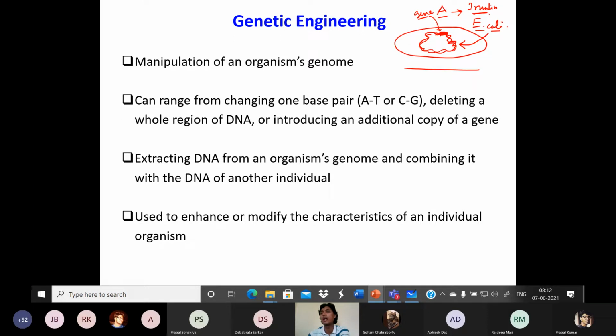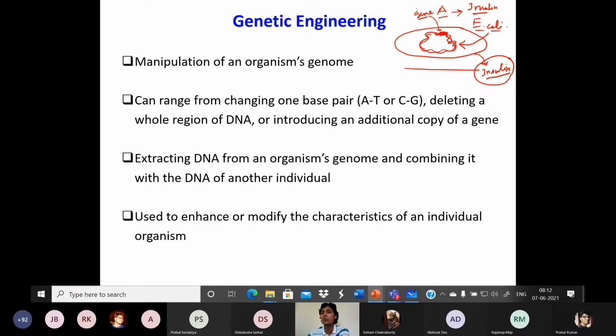Insulin is a protein hormone that helps in glucose metabolism. So when you make this E. coli cell and make your protein, you will get insulin. There are a lot of techniques available in the lab so that you can isolate insulin from this E. coli cell.